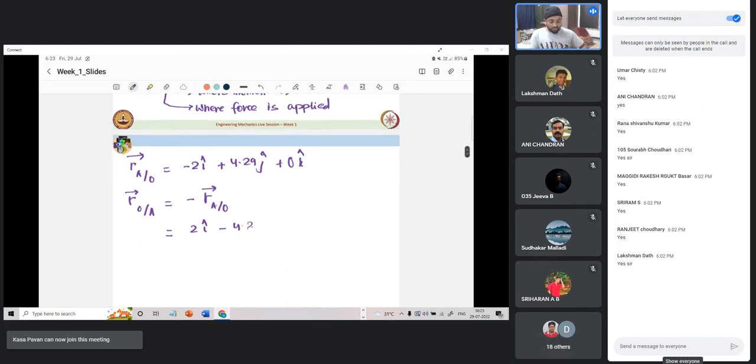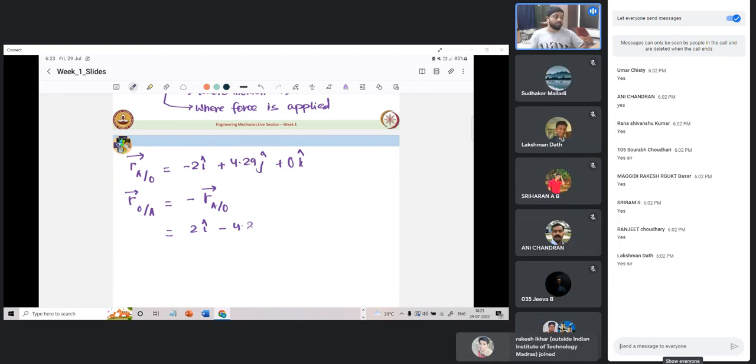Now, what will RO with respect to A be? It will be minus of the entire RA with respect to O. That is, ROA will be 2 I cap minus 4.29 J cap minus 0 K cap. But plus and minus 0 hardly makes a difference. So that is what it will come out to.